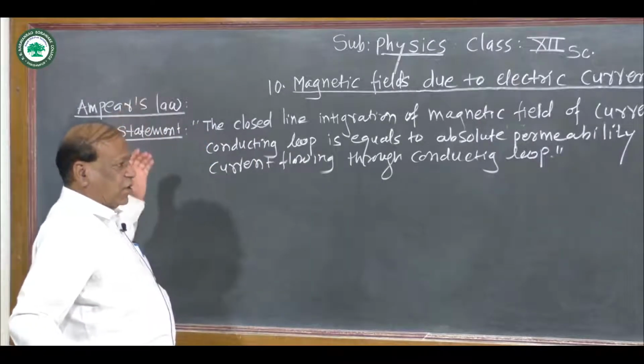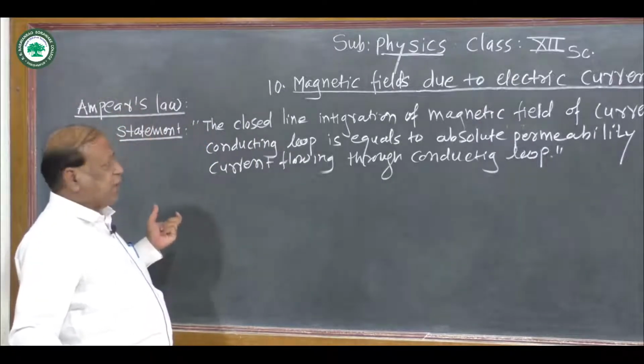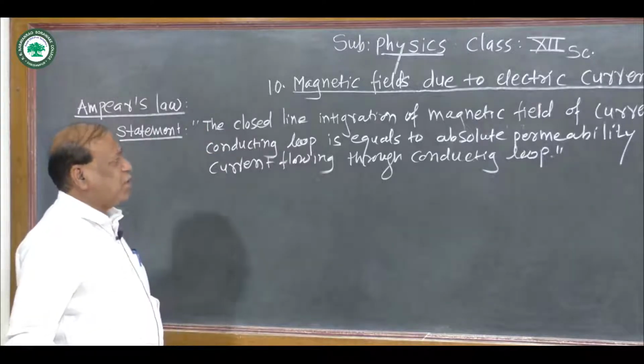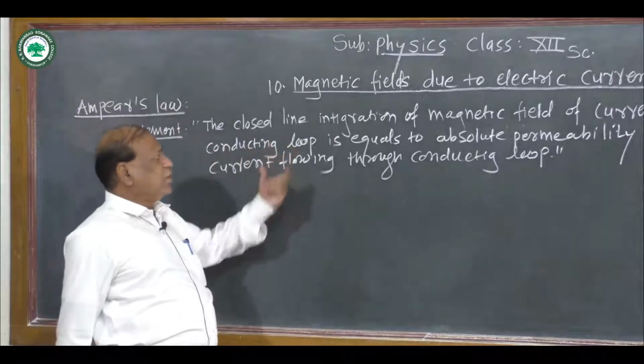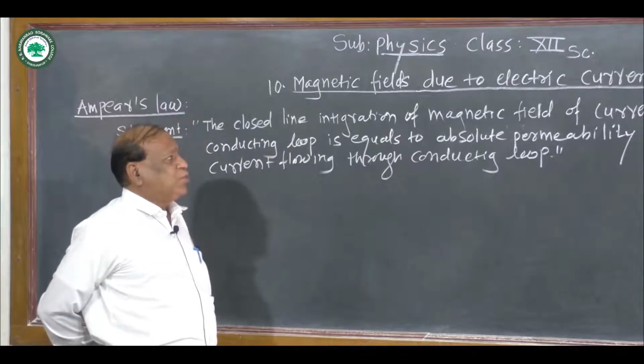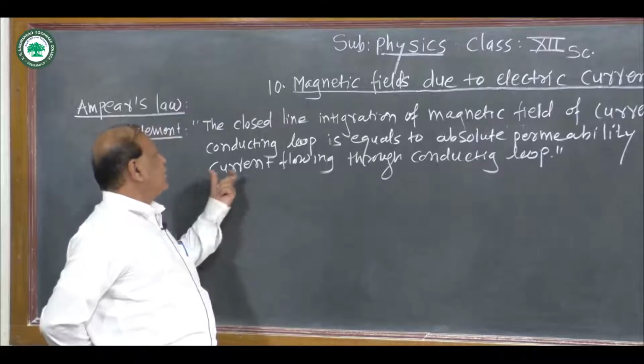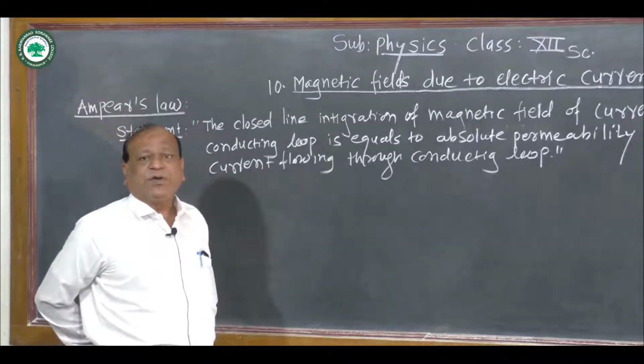Ampere Circuital Law. I repeat again, the closed line integration of magnetic field of current conducting loop is equals to absolute permeability times current flowing through conducting loop.